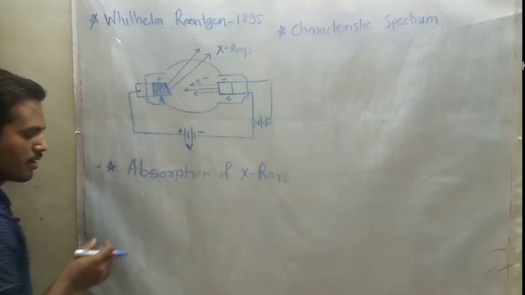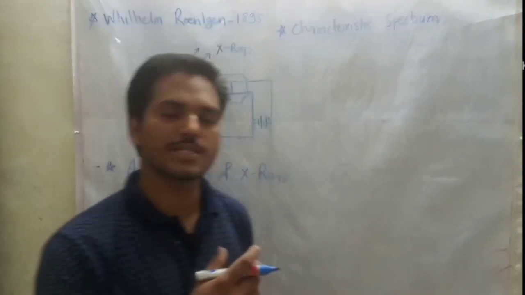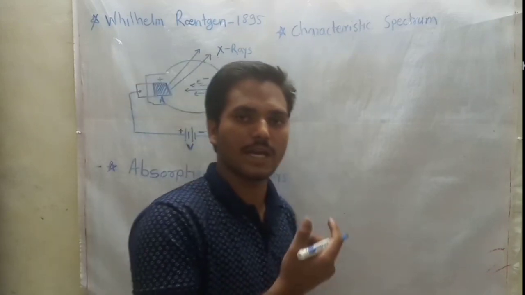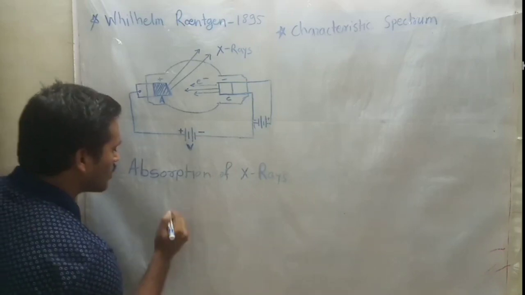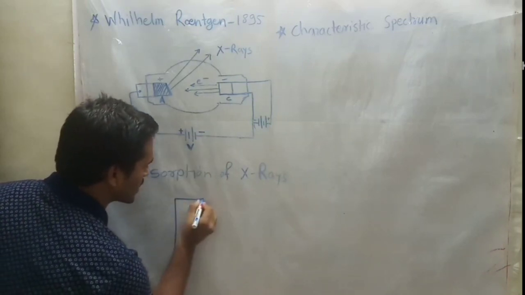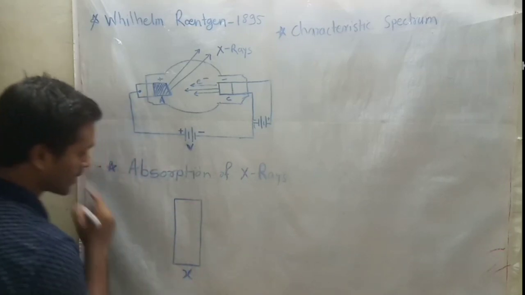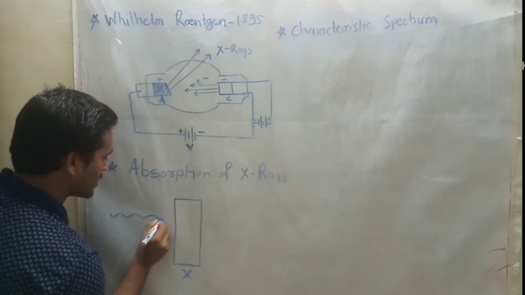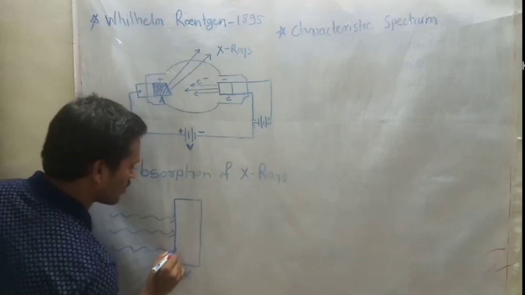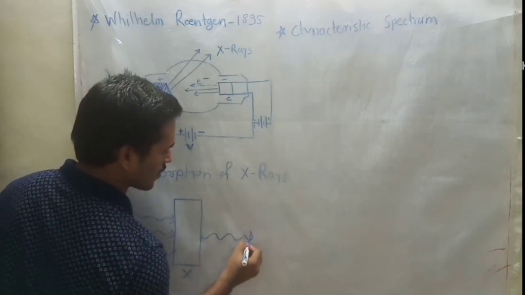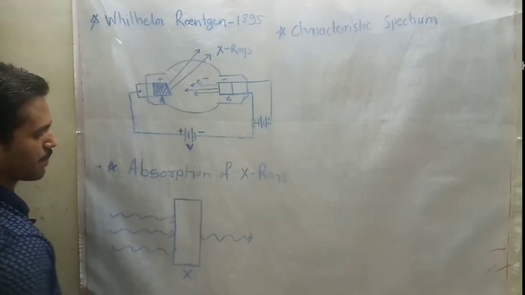If X-rays are passing through a certain sample or material having a specific thickness, then there is a relationship here. If this is a specific material or sample having thickness x, these are the incident X-rays and these are the transmitted X-rays, some of the X-rays are absorbed by this sample.